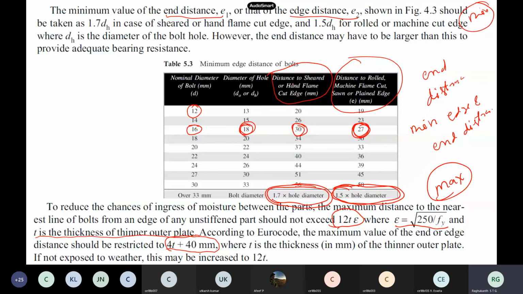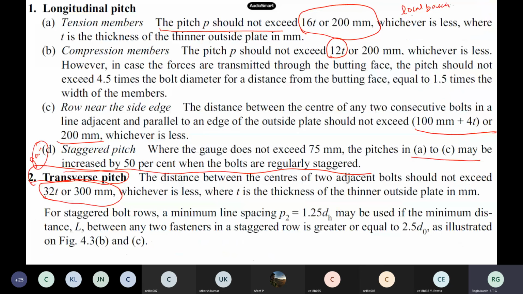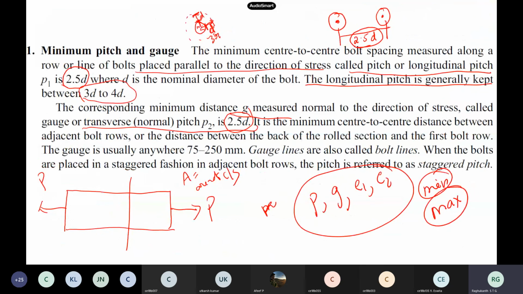If it is a hand flame cut edge, it is 1.7 times the hole diameter. If it is a rolled edge, 1.5 times the hole diameter, and the minimum pitch is 2.5 times d.